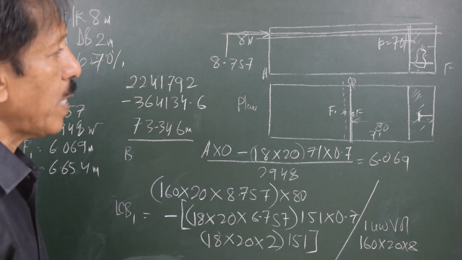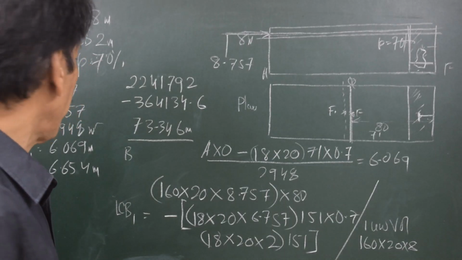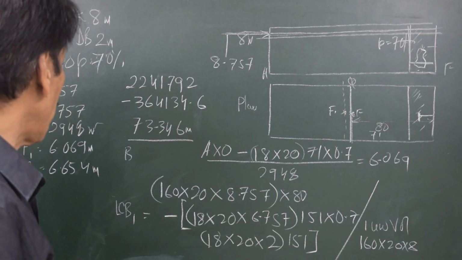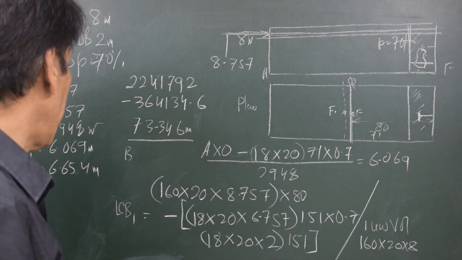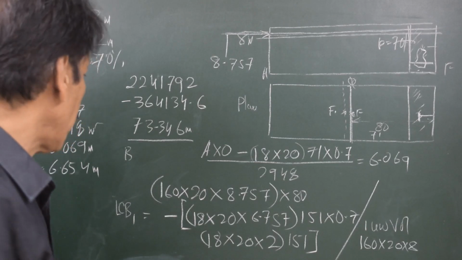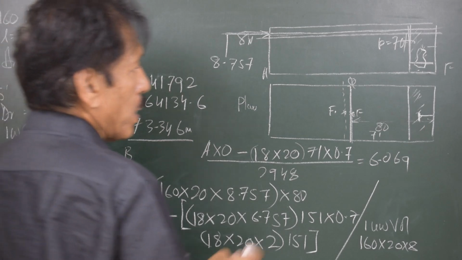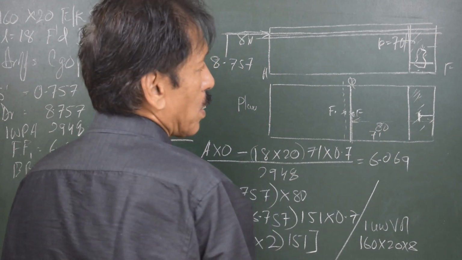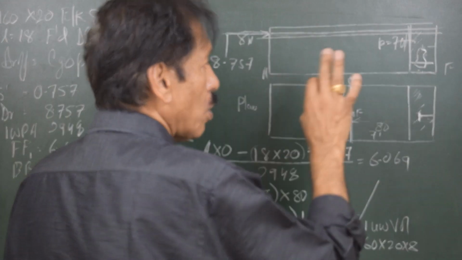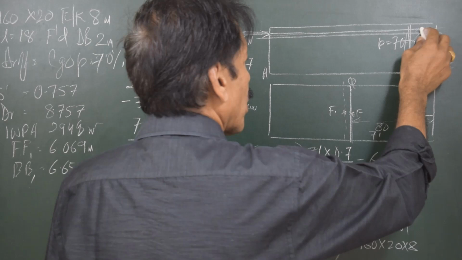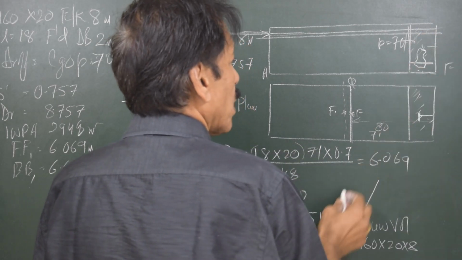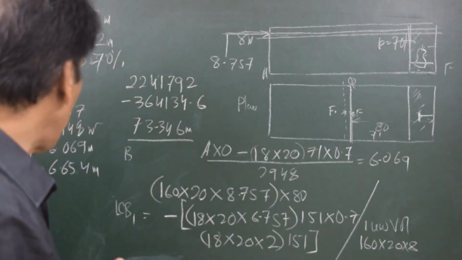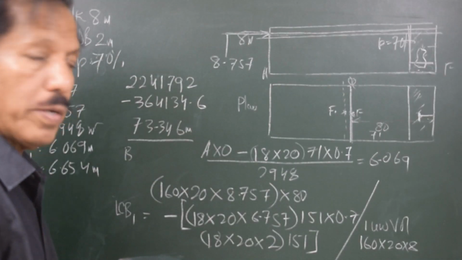So you can see that shift of center of flotation is 6.069, whereas the shift of center of buoyancy is more, 6.654. This is because at the surface the loss is only 70%, not 100%. But if we talk about the loss of buoyancy, we are talking about loss of buoyancy over here, which is 70%, and loss of buoyancy here, which is 100%. And that's why the BB1 is slightly more than FF1.